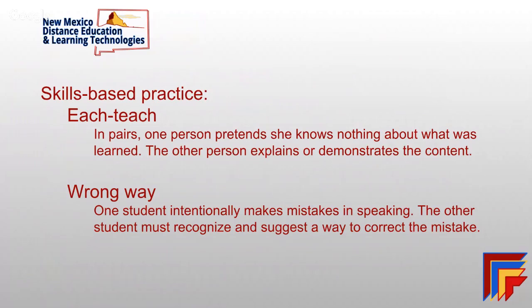So this might take a little bit more monitoring, but could be very fun and involve a lot of critical thinking if the students are high enough level to get the idea and to carry this out. Next screen, please.